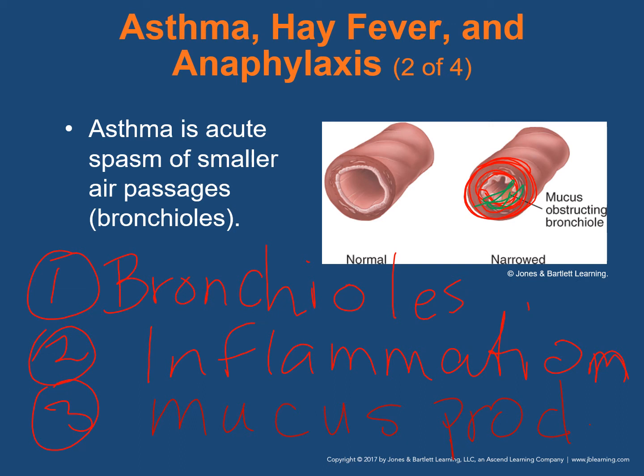It sounds like a pod of whales, if you've ever listened to whales in the ocean. It's like, ooh, ooh, ooh. So it's kind of strange when you put your stethoscope on someone's chest and listen to it.